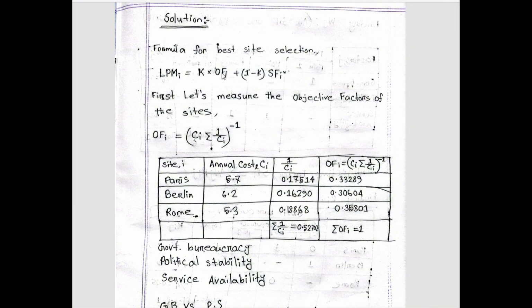First we have to calculate the objective factors, because our goal is to calculate the LPM value for each site, and the city with the highest LPM value will be the best city for the relocation.